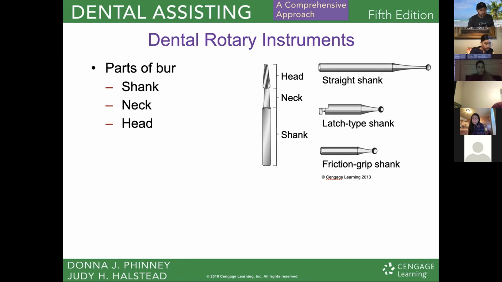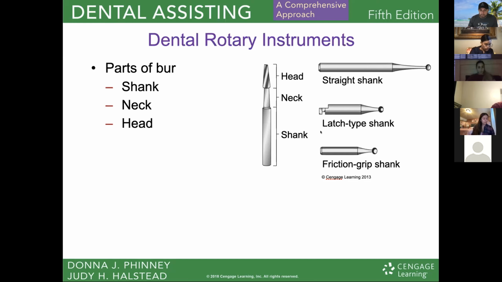The uses of burrs are as follows: cavity preparations, finishing and polishing restorations, surgical procedures, and dental appliance adjustments. Whenever you're making a dental appliance like a mouth guard, a retainer, or a bleaching tray, a lot of the time you'll need to smooth the edges and the angles so that they're not sharp.